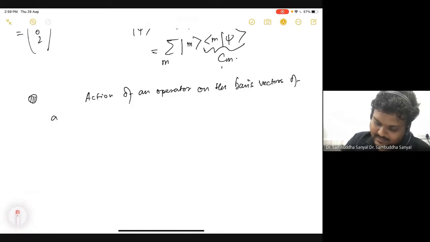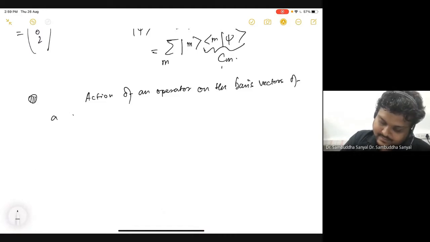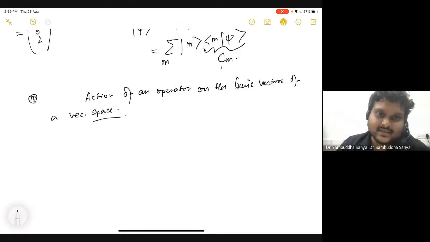Let's not use the word Hilbert space. Why so? Because any vector is a linear combination of basis vectors. So if you understand how an operator acts on the basis vectors, you can tell anything about any other vector.